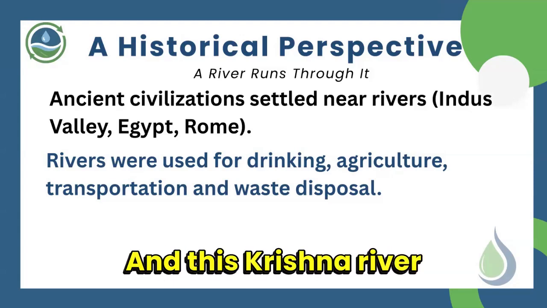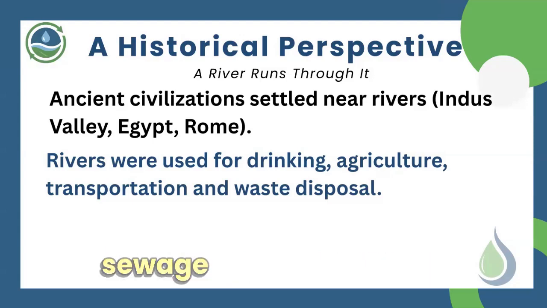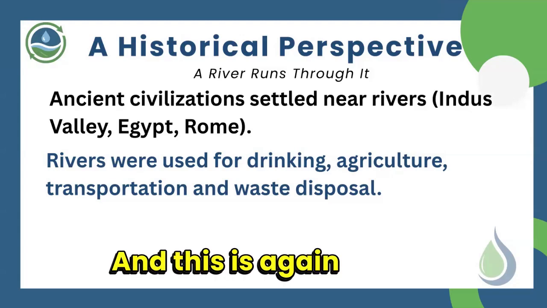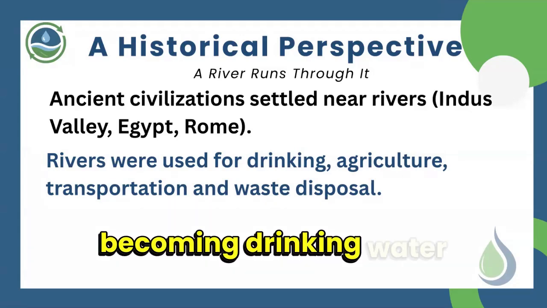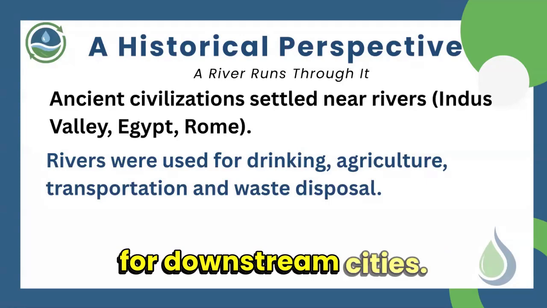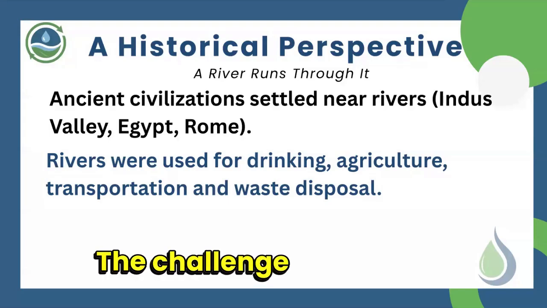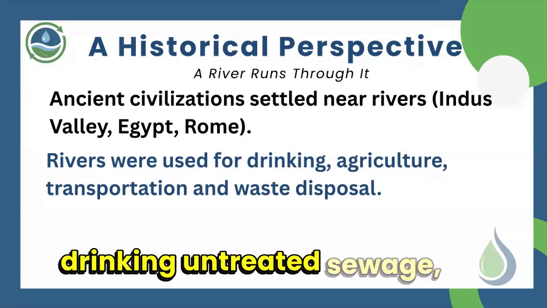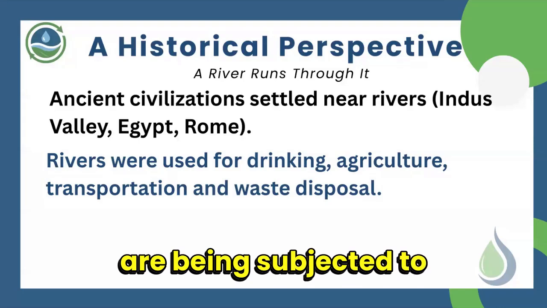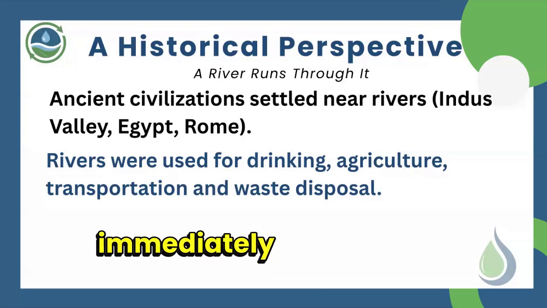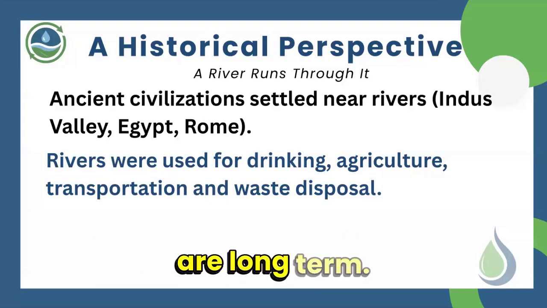And this Krishna River is carrying the untreated sewage of so many other cities like Vijayawada, right? And this is again in turn becoming a drinking water source for downstream cities. This is where the challenge is. If we are drinking untreated sewage, we are being subjected to numerous diseases, some of which are visible immediately and some of which are long term.